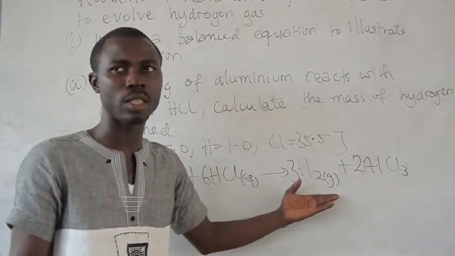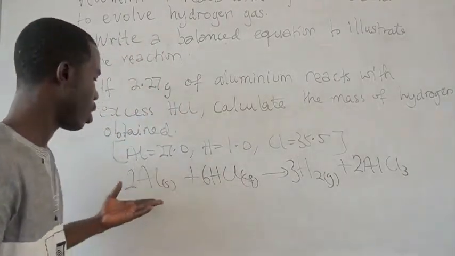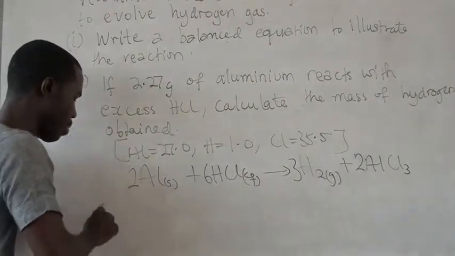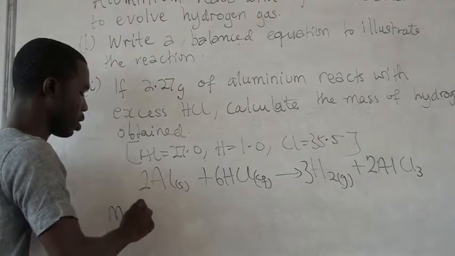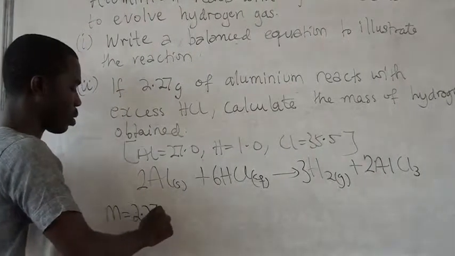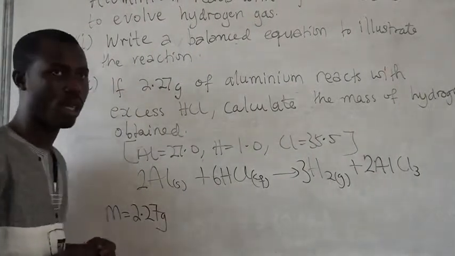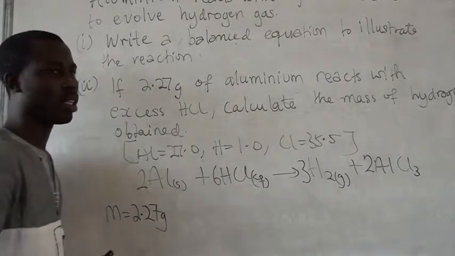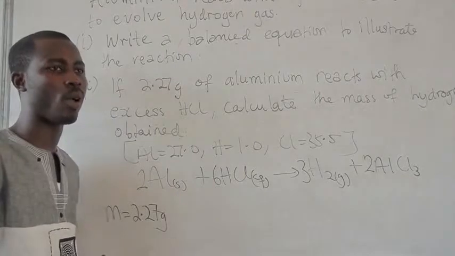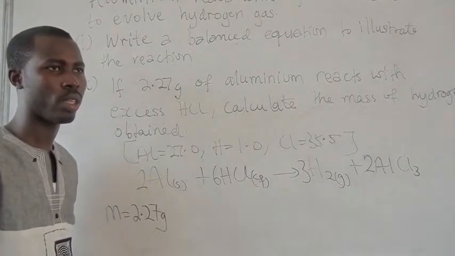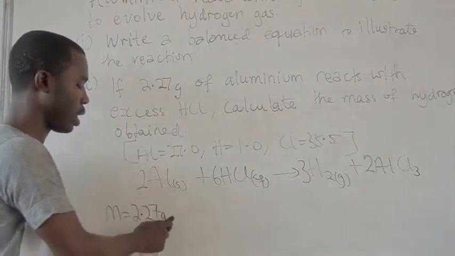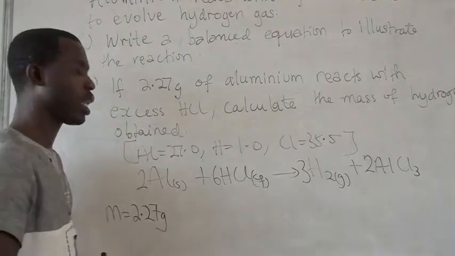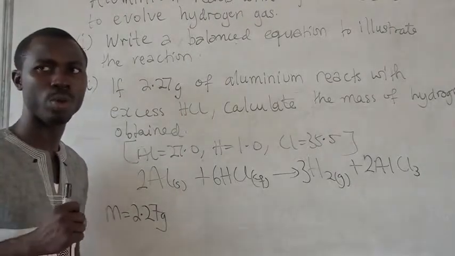So first thing is, we've been given the mass of aluminium. The mass is 2.27 grams. What to do is calculate the number of moles of the aluminium in the 2.27 grams. Then use mole ratio.